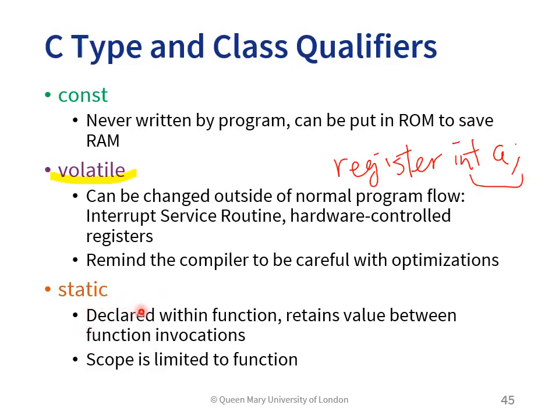Static is usually declared within a function, and between the calling of the functions, the variable will keep its value. The difference between static and global variables is that global variables can be accessed everywhere, so the scope is universal, but static variables have scope only limited to the function.